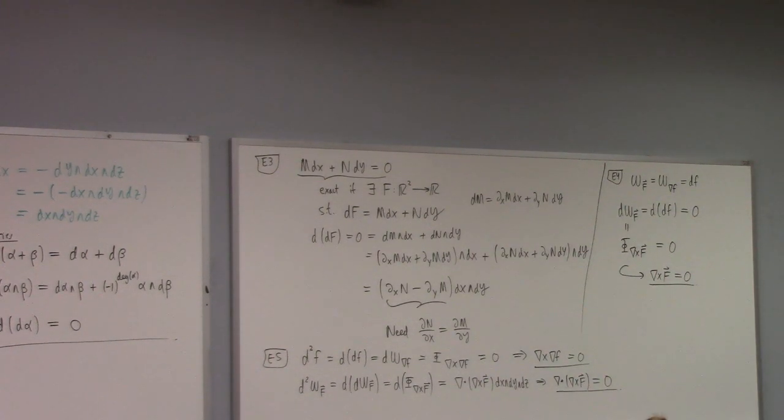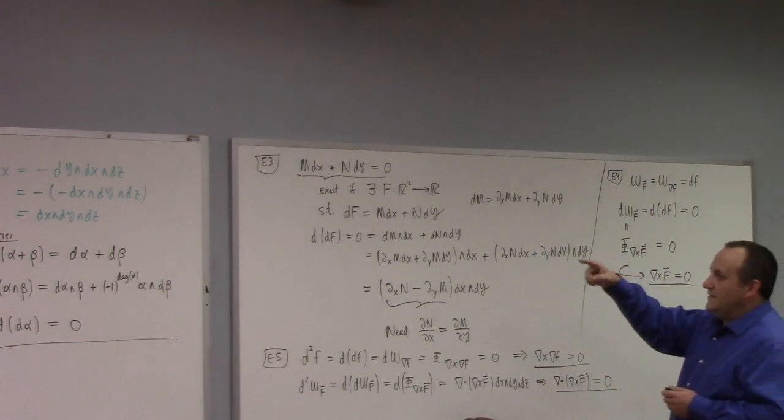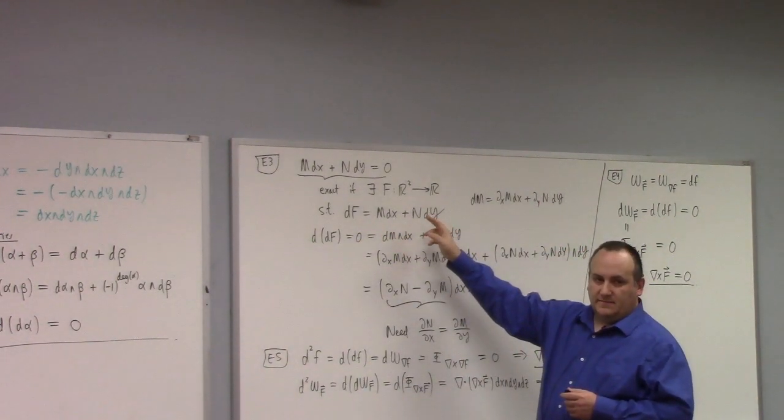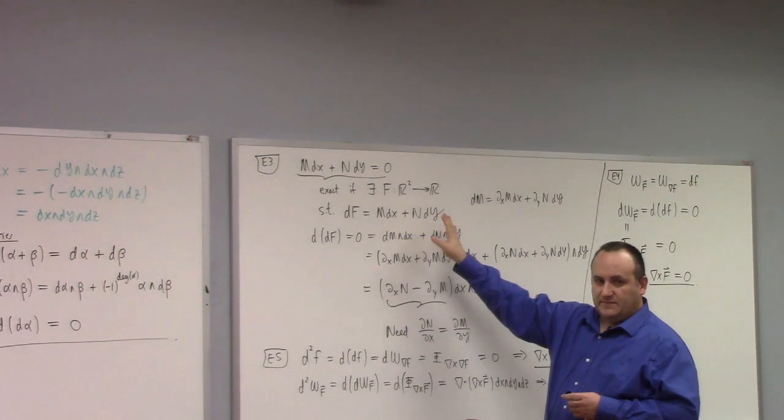Wasn't d squared equals 0 dependent on that dN dx equals dM dy? That is true. There are differential equations which are not exact. But if it is exact, that means df is equal to this, that's the definition of an exact form.